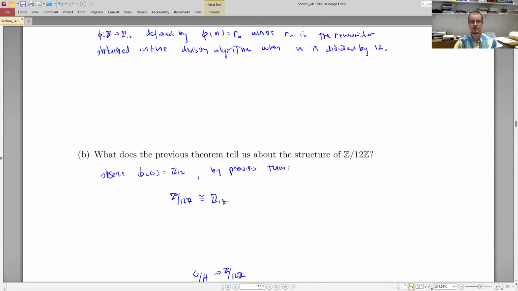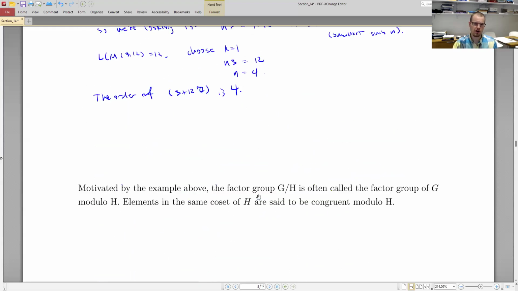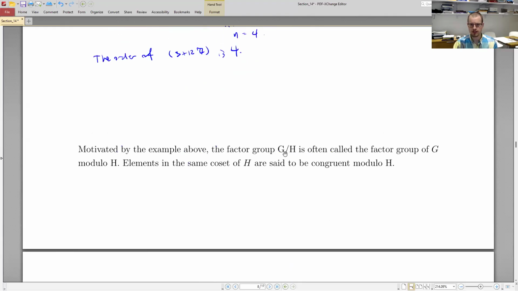This is addition modulo 12. So this quotient is the same as modulo. So Z mod 12Z is the integers mod 12. That's what we're looking at there. So that's why we call the quotient group, or the factor group, G mod H.